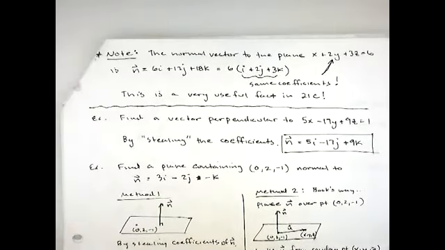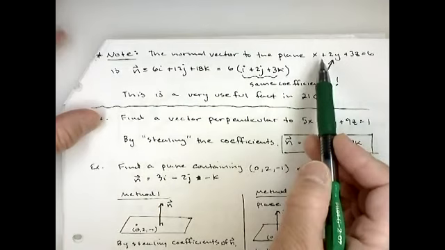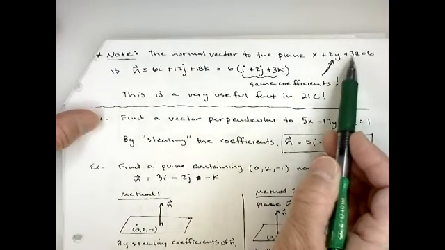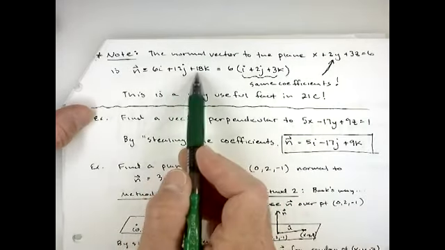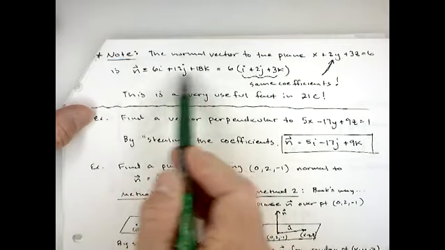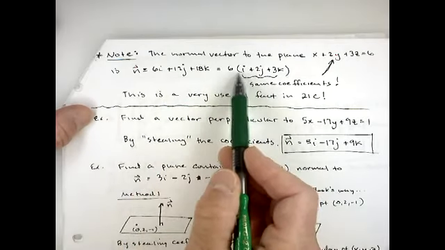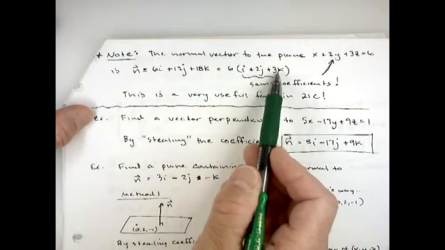Now there's something interesting about that answer, and this is a really important concept in 21C. We just found that the normal vector to the plane x plus 2y plus 3z equals 6 is this vector, which if I factor out a 6, gives me i plus 2j plus 3k.